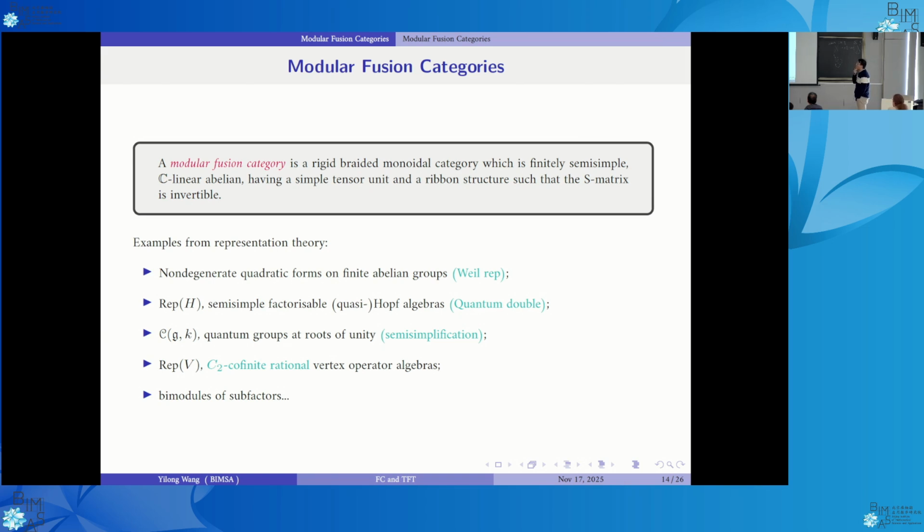Do you know what a semi-simplification is in every case here? Is it a concrete thing that is known, or do you have to do a particular type of semi-simplification? Take tilting modules and mod out the negligible, that kind of thing. Okay. I think K may not need to be an integer. Some rational numbers are allowed, and for some rational numbers, they definitely give you very non-unitary things.